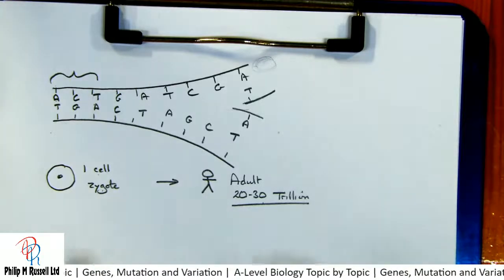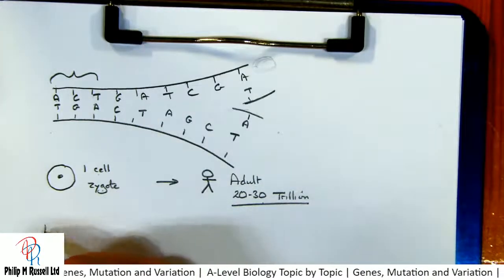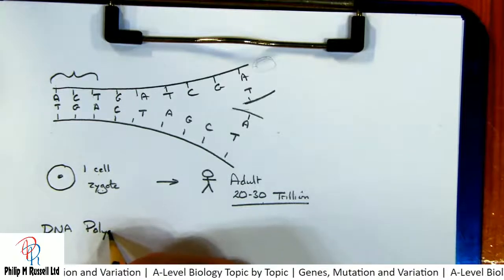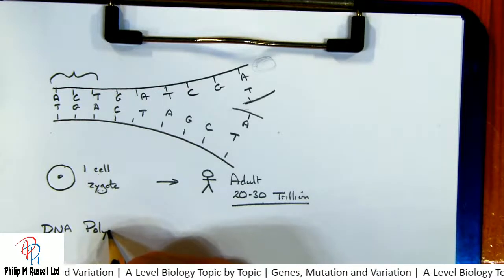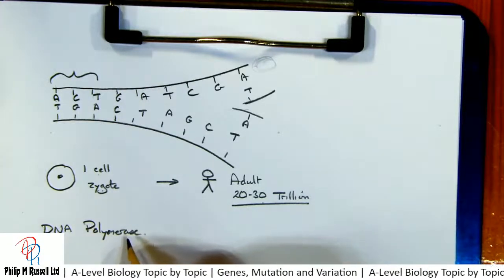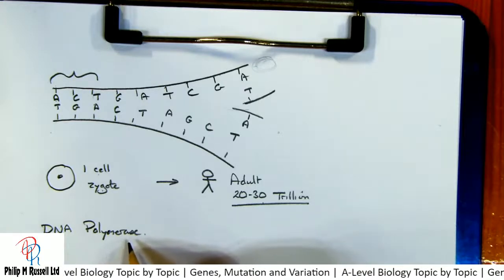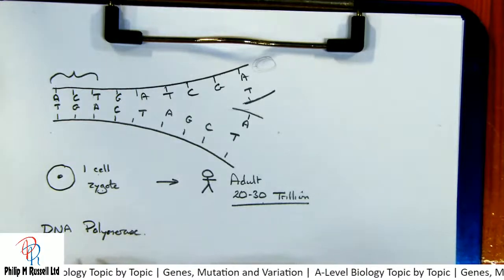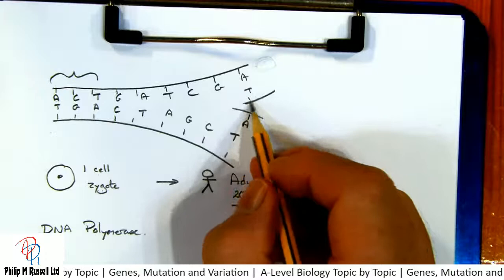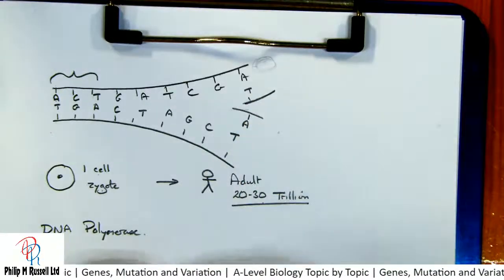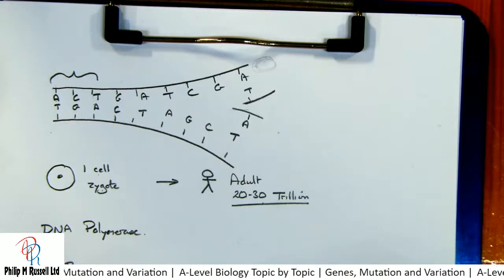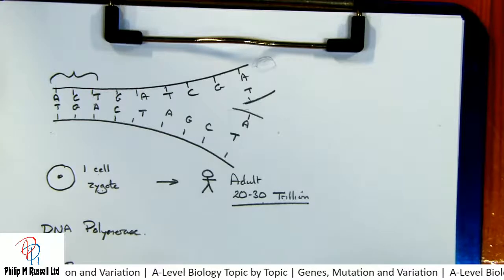Now, all this work is done with a particular enzyme called DNA polymerase. DNA polymerase is an interesting enzyme. It takes the new base, which exists as a base, a sugar and a phosphate.